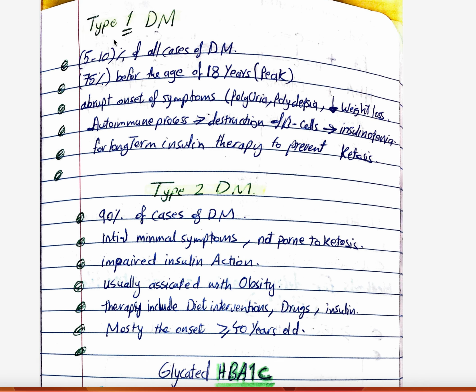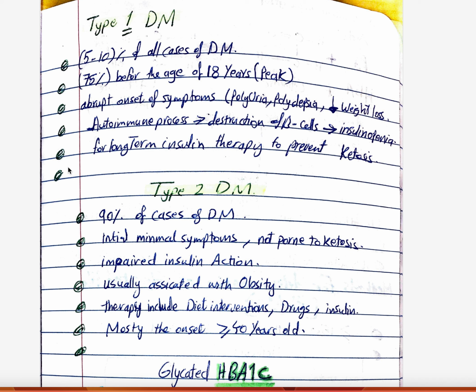So we have two types of diabetes. Type 1 diabetes is present in 5 to 10% of all cases of diabetes, 75% before the age of 18 years, with abrupt onset of symptoms. Like the patient doesn't know that he has diabetes, he is so young, 18 years, 17 years, 16 years, in that age, and he just comes with polyuria, polydipsia, and weight loss.